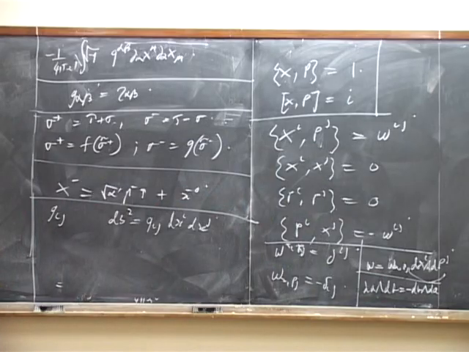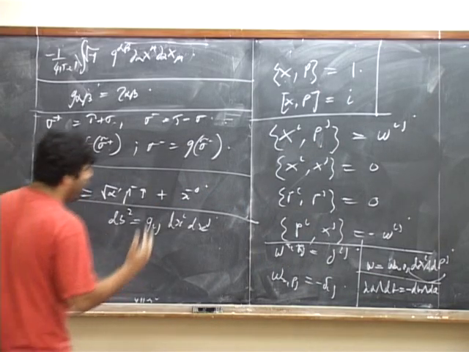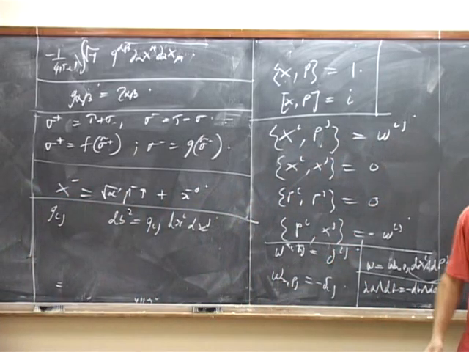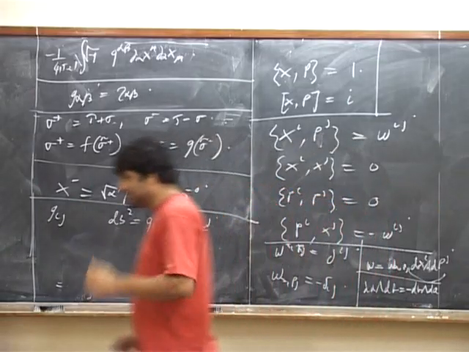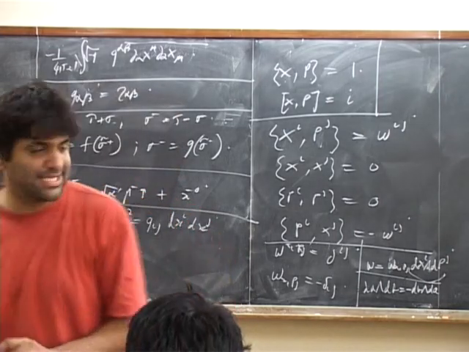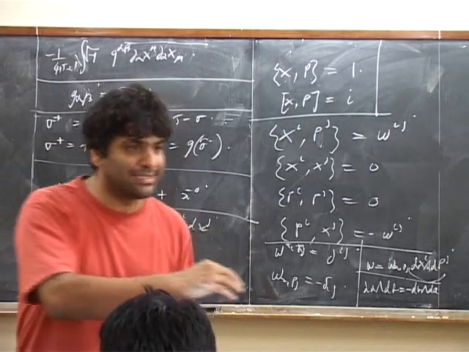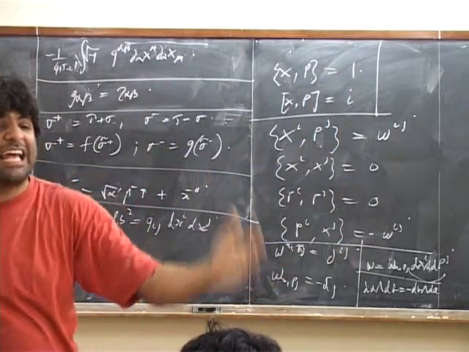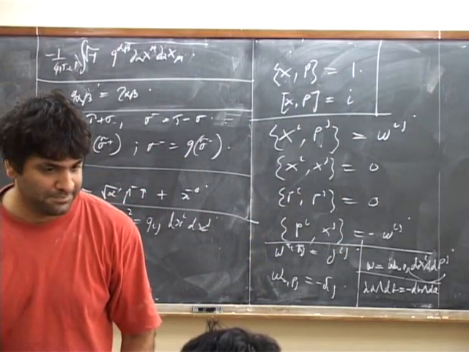Now, why have I told you all of this? I've told you all of this because there's a very nice way of thinking of the symplectic structure, the Poisson bracket structure of classical theory. You see, as we discussed in the previous class, a good covariant way of thinking of phase space is to think of it as the set of all classical solutions of the system.